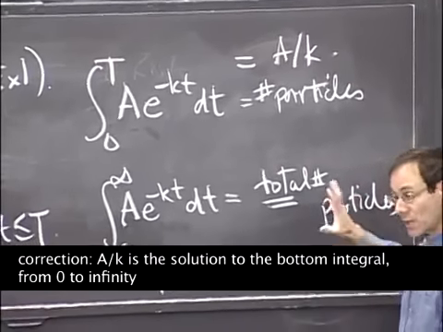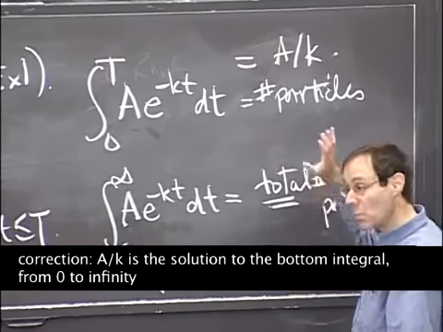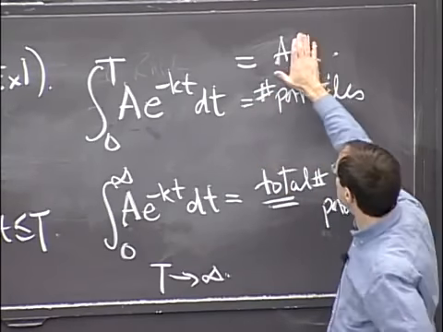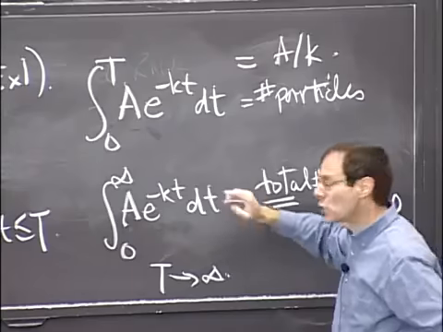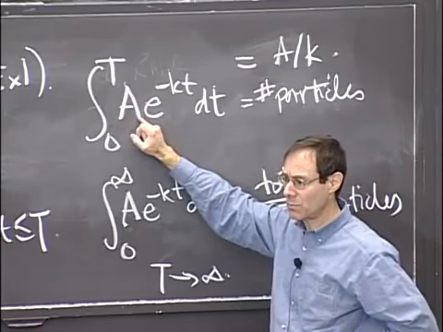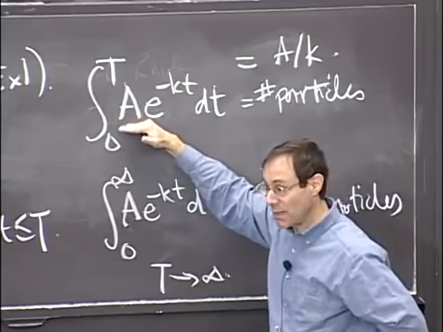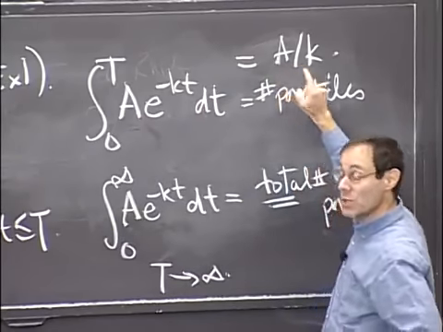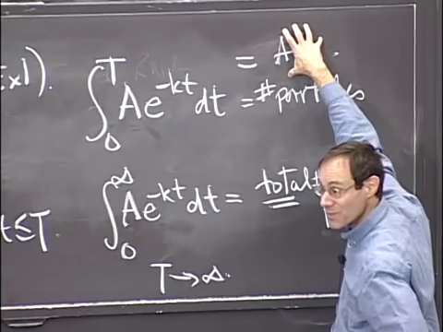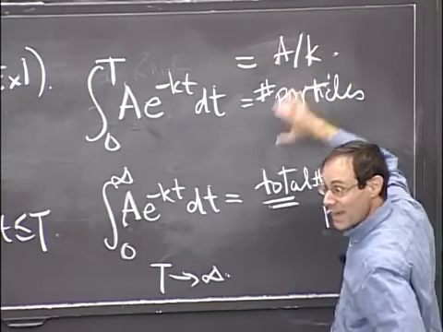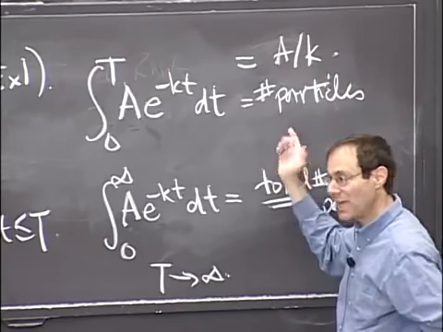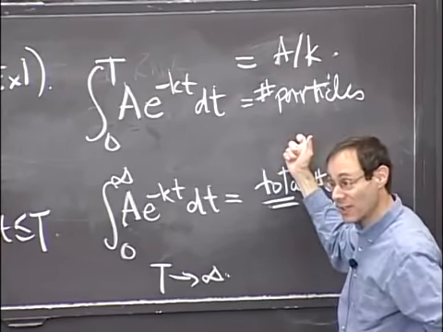Which means that when you set up your arithmetic and you model this as a collection of particles, you said it should be a, but that's because you made an assumption, which was that a was the total number of particles. But that's just false. This is the total number of particles, so if you want to set it up, you set it up so that this number is the total number of particles. And that's how you set up a model: you do all the calculations and you see what it comes out to be. And that's why you need to do this kind of calculation.